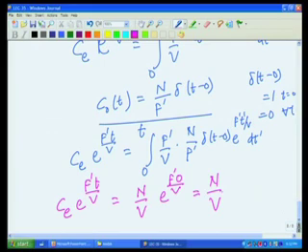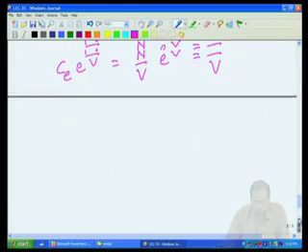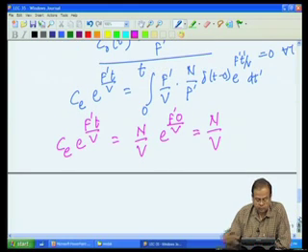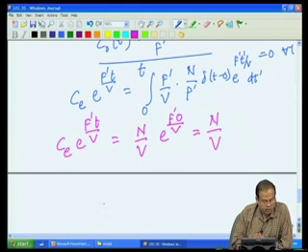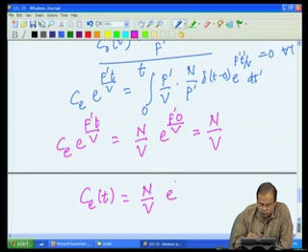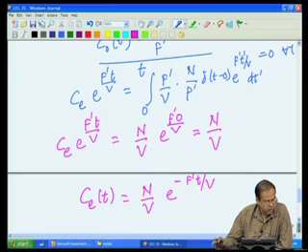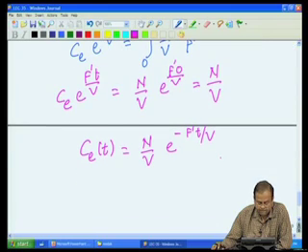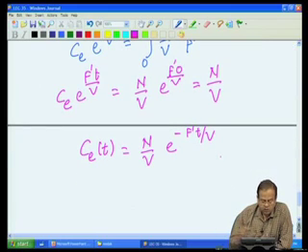So, what is our C e of t? Using this, C e of t is nothing but n by V e raised to minus F prime t by V. And for a pulse experiment, what is our exit age distribution?